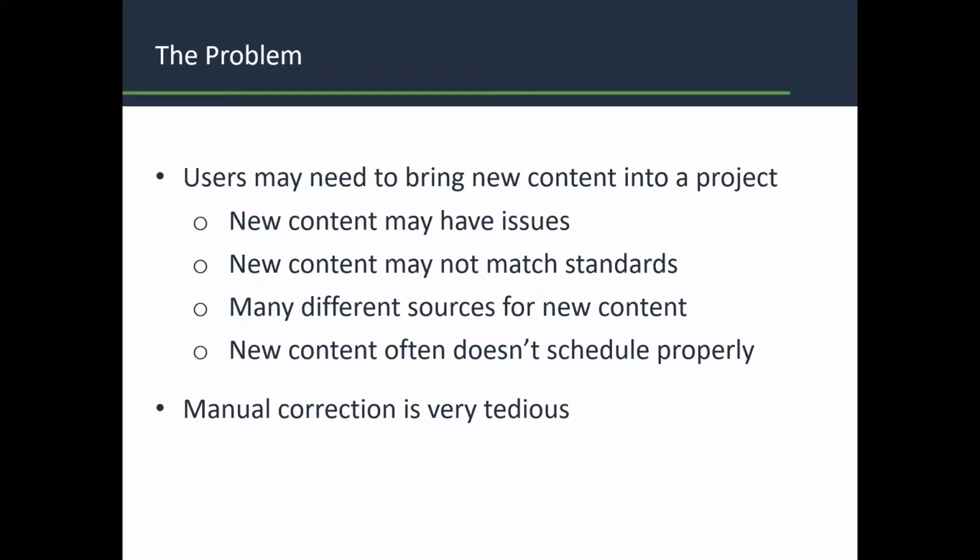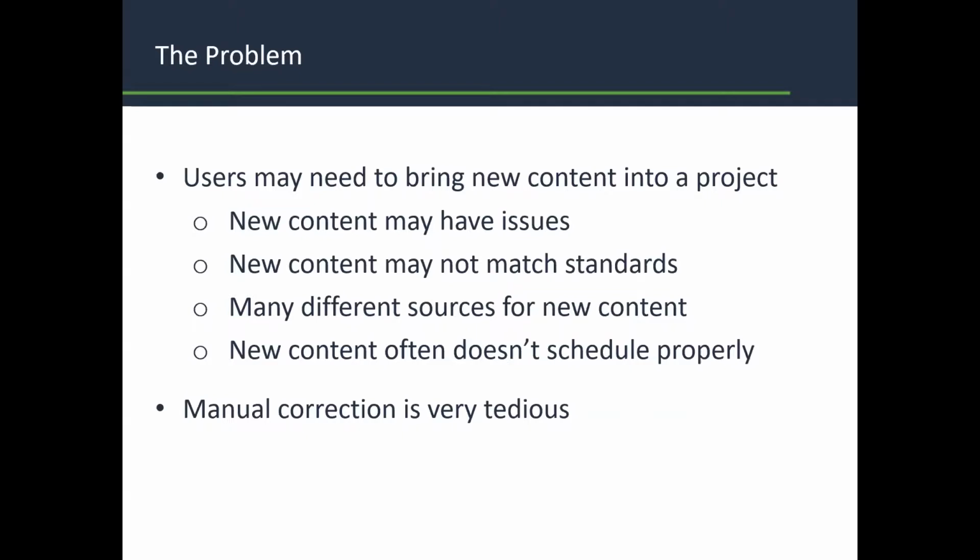Maybe it was built in a certain way that doesn't really work with your standards, or your company may have a certain way they schedule things, and this content doesn't jive very well with it. And then it takes a lot of time to correct these things manually.